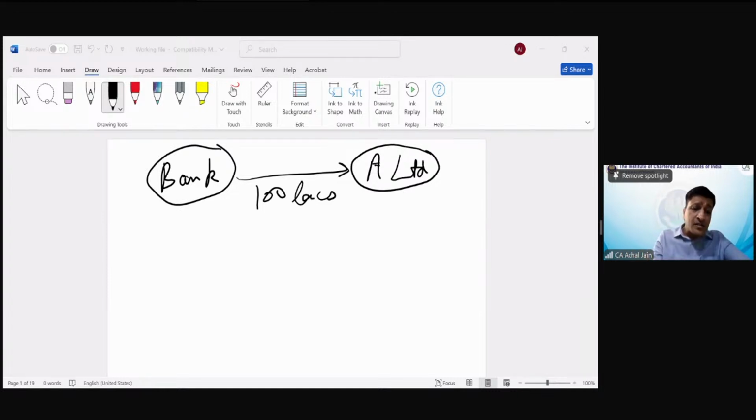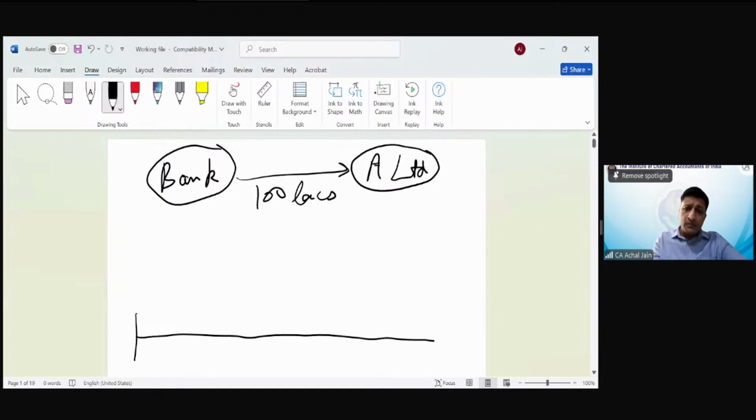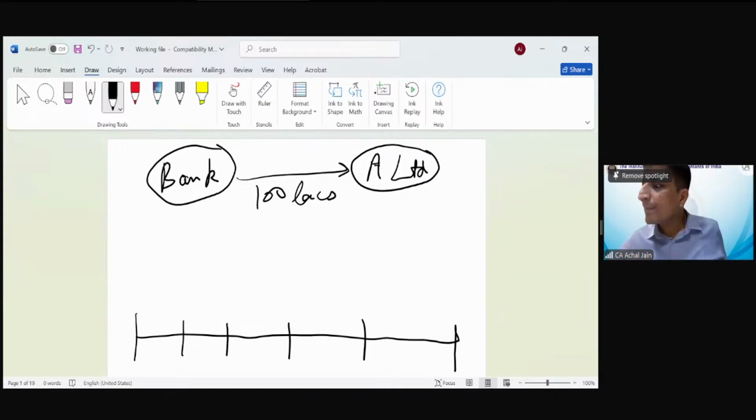So the bank has a concern. Now there are two ways through which this concern can be addressed. Say this loan is taken for 5 years.